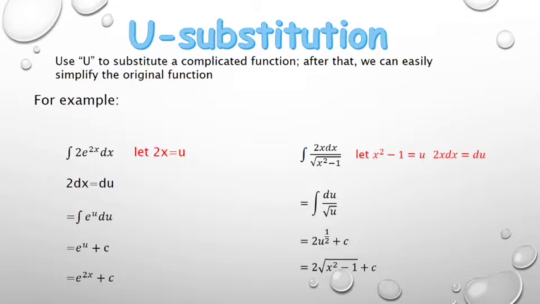That becomes a basic integration, and the answer is 2u to the power of 1/2 plus c. And we can change the u back into x squared minus 1, and we get 2 times root of x squared minus 1 plus c.